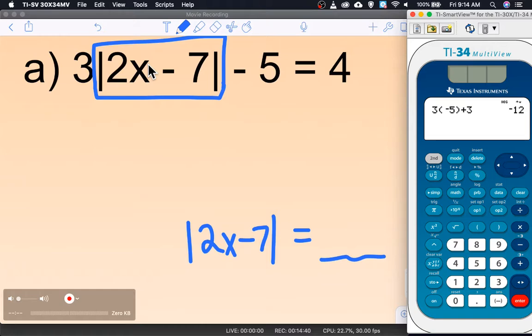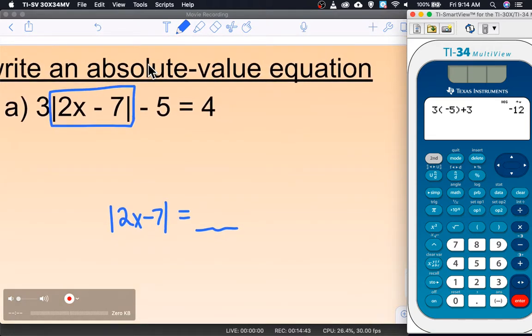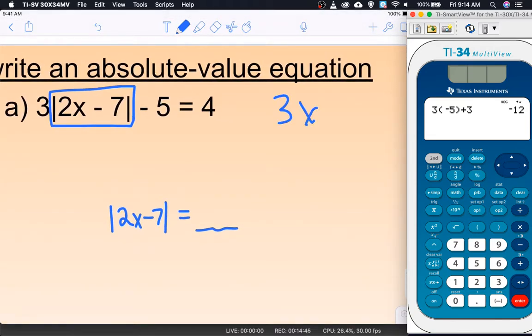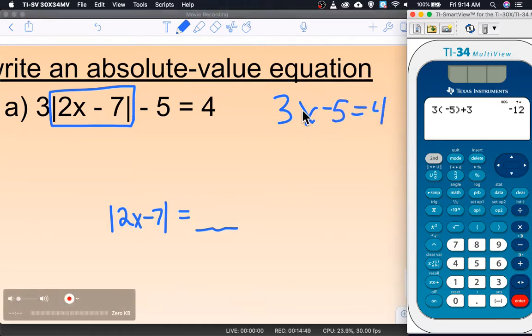Now, if you look at this, this problem is very similar to the problem where 3 times something minus 5 equals 4. I can solve these two equations the same.